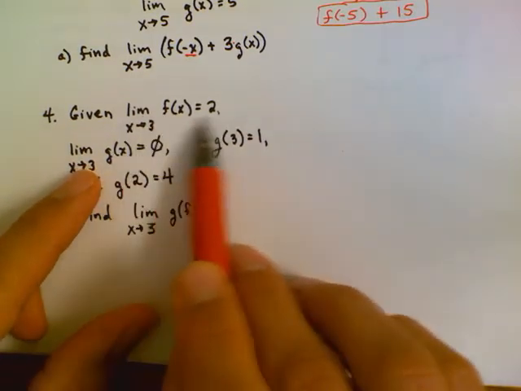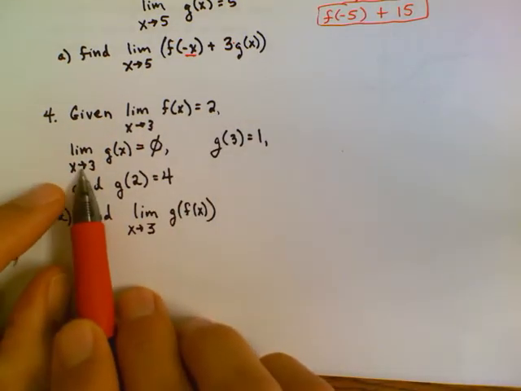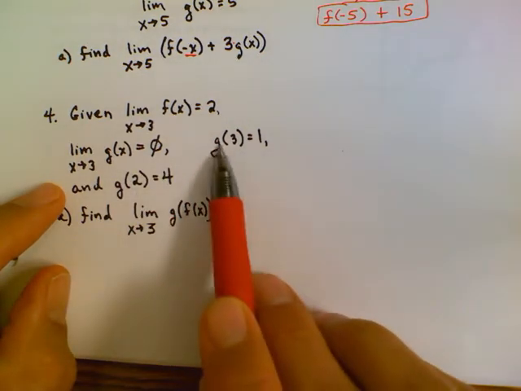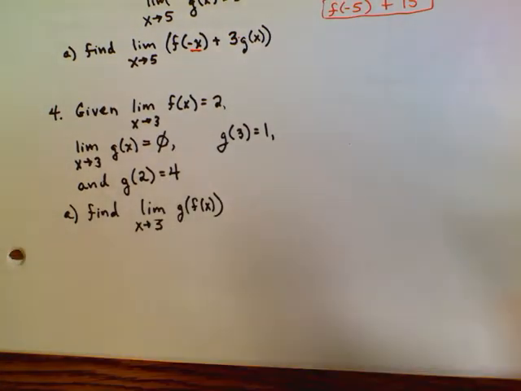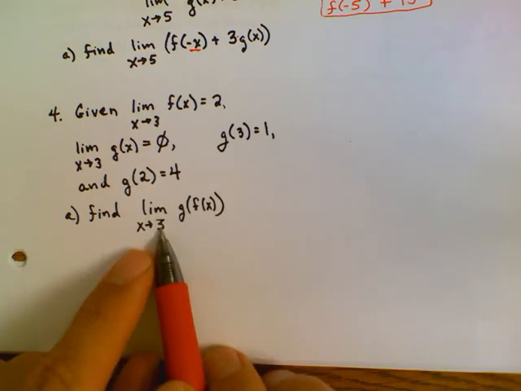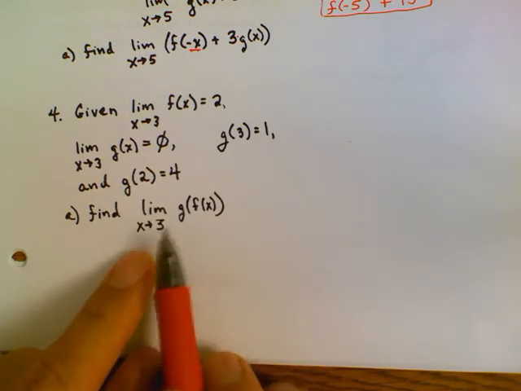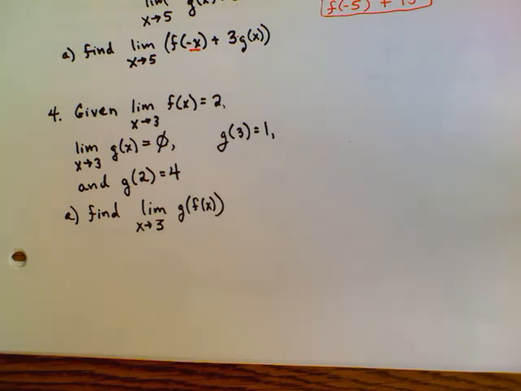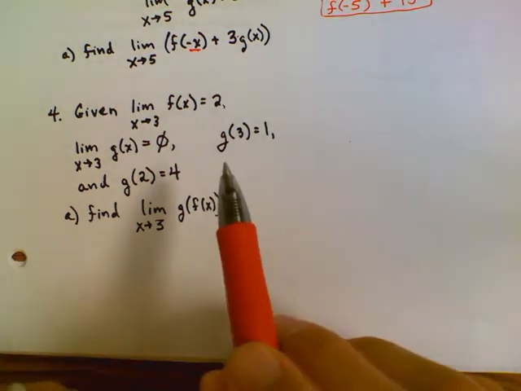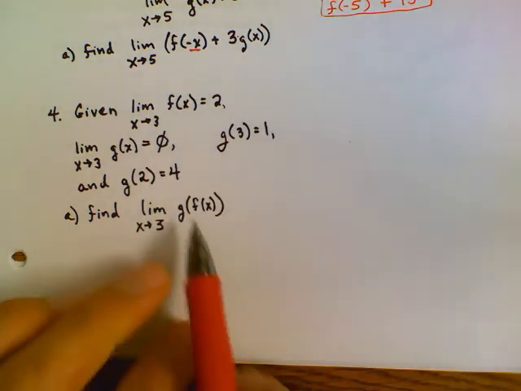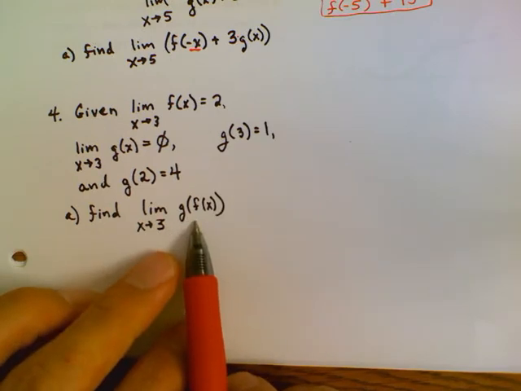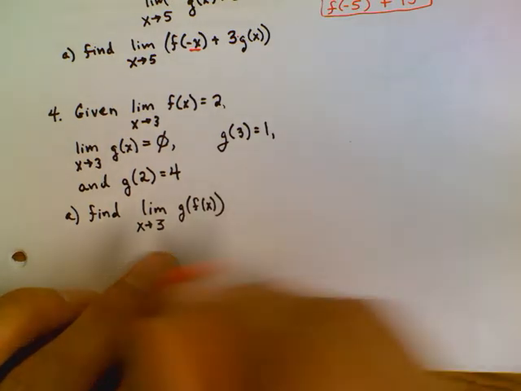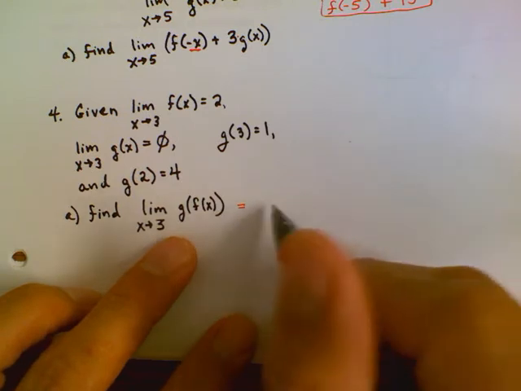I have a limit. I have another limit. I have g of 3 is 1, g of 2 is 4. It says find the limit of this composition. Interesting. Okay, so maybe this is asking us to check for continuity. I'm not sure. So let's see if we could do this.